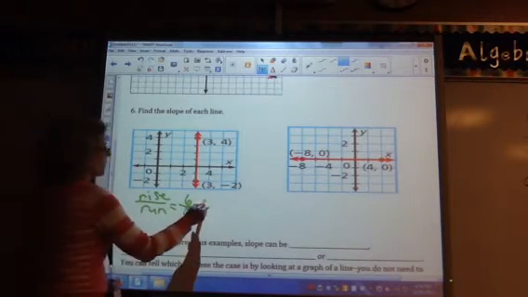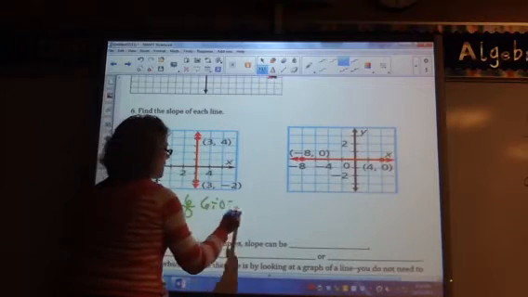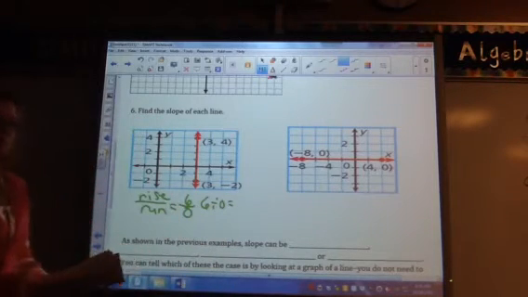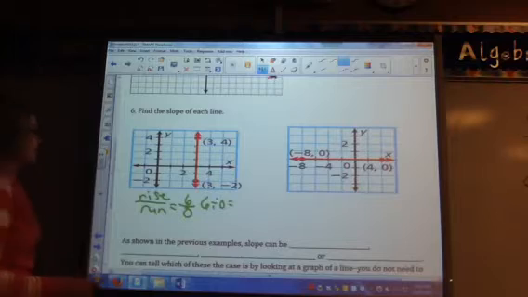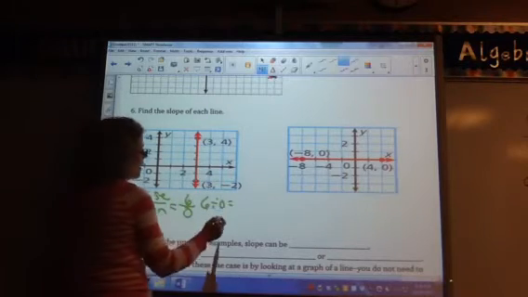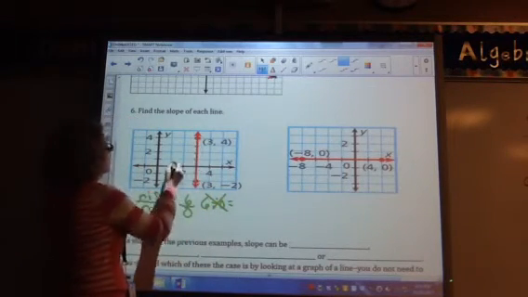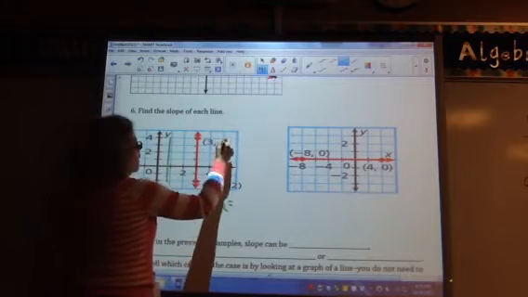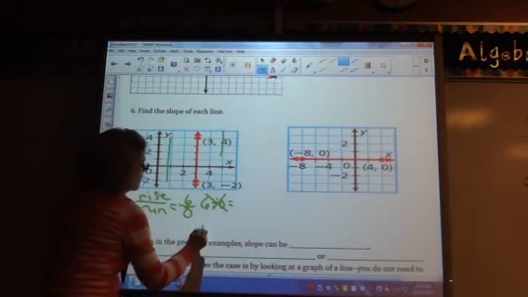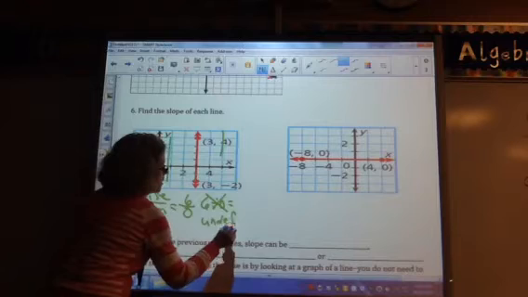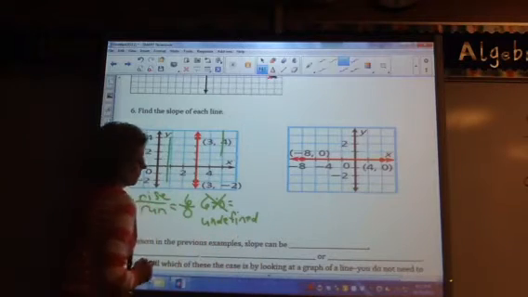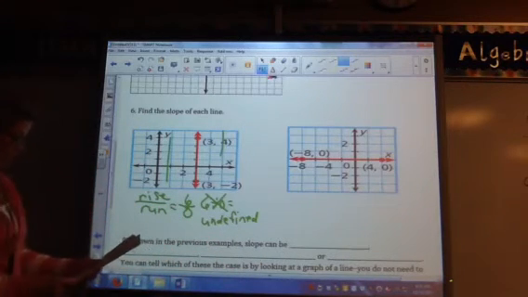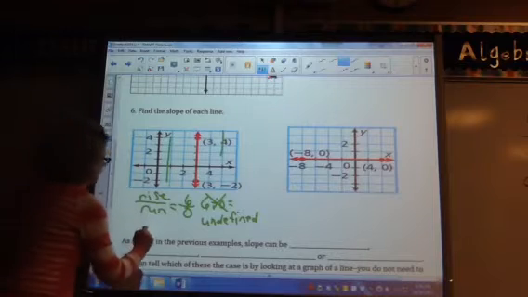Can you take 6 and divide by 0 on your calculator? You can't do it. When you do that, you're going to get an error. So anytime you have a vertical line, it doesn't matter where it is on the graph, your slope is undefined. You cannot tell what that slope is. Any vertical line.